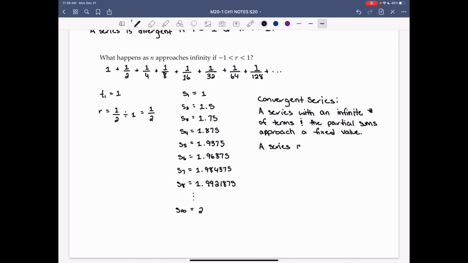A series is convergent if the R value is greater than -1, but less than +1. If a series is convergent, we can find the sum of the series.